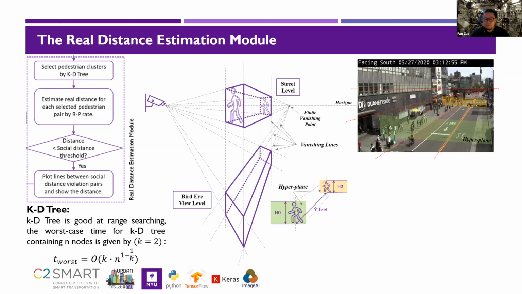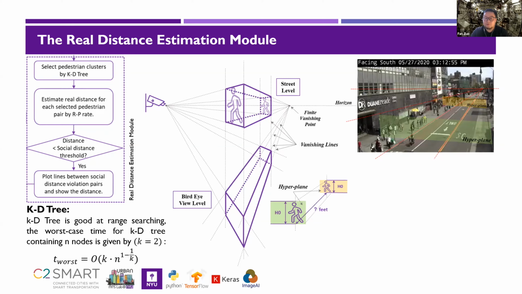And after that, we can calculate the RP rate for each pedestrian and estimate the pixel distance between centroids of the bounding boxes for each pair. For each pair, it is always possible to find the two parallel hyperplanes perpendicular to the horizontal plane that the two pedestrians belong to.